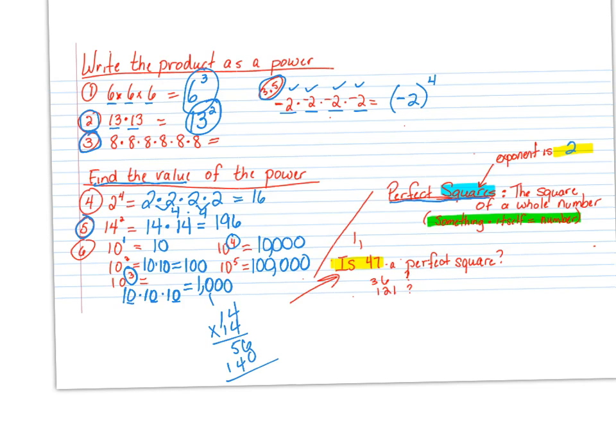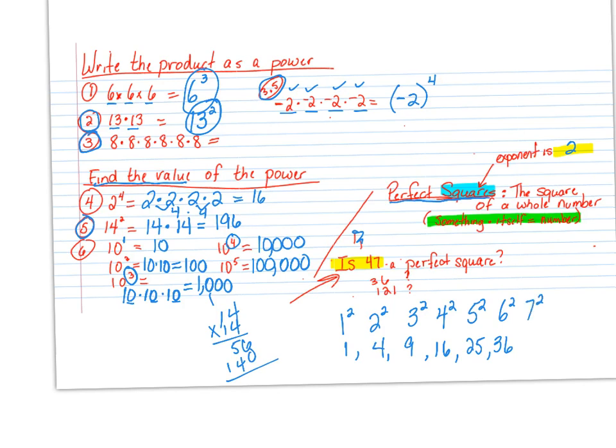Let's list perfect squares, meaning 1 times 1. 1 squared is 1 times 1, which is 1. 2 squared, 2 times 2 is 4. 3 squared, 3 times 3 is 9. 4 squared, 4 times 4 is 16. 5 squared, 5 times 5 is 25. 6 squared, 6 times 6 is 36.